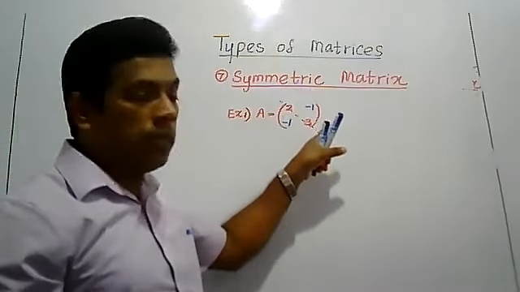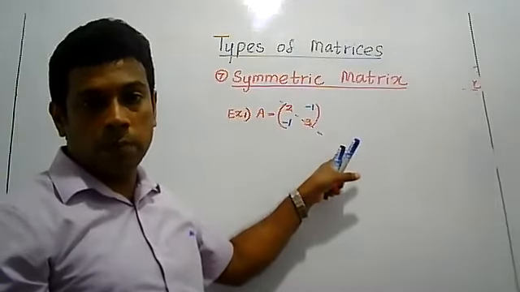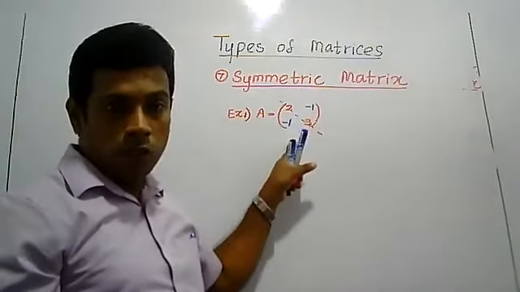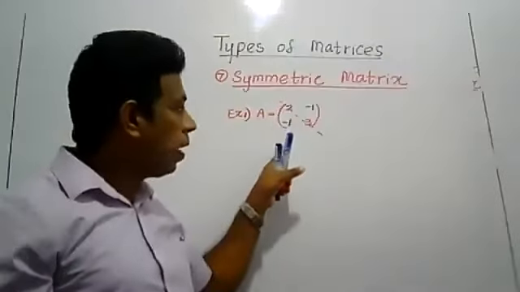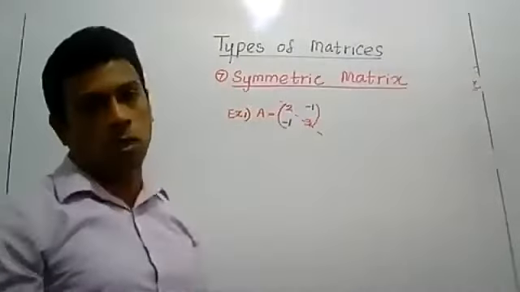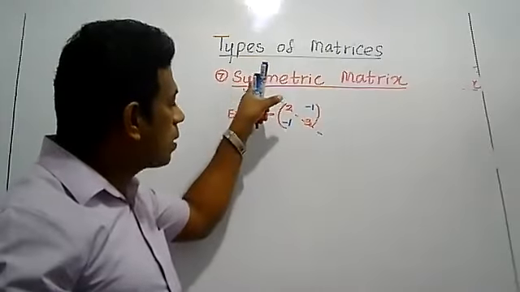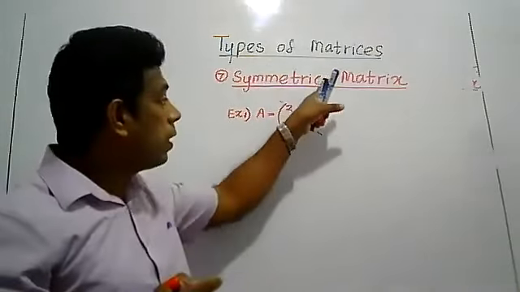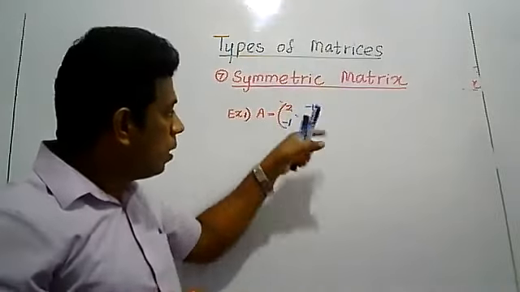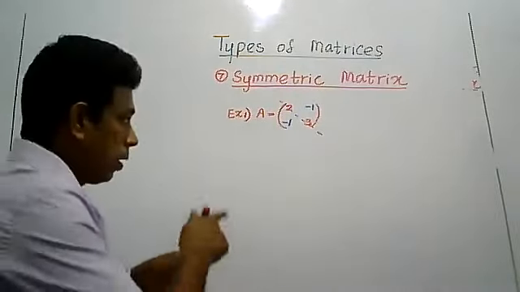Any elements may be in the main diagonal of this square matrix, but the other elements should be equal. This line becomes symmetrical when they are equal. So this is called a symmetric matrix.